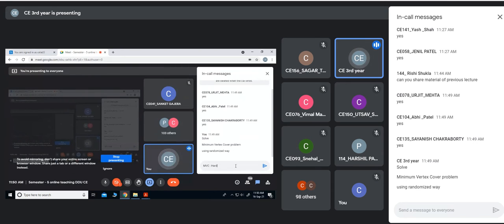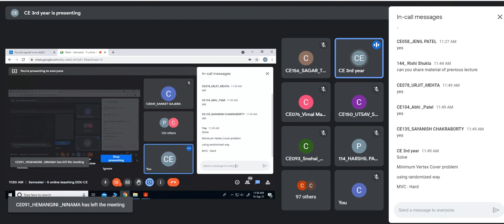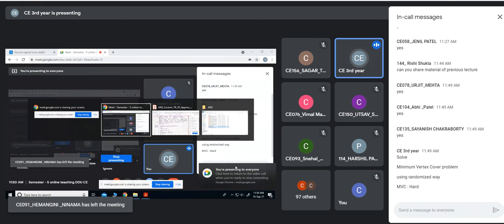It is actually a hard problem because as the input size increases, it is difficult to solve exactly, optimally, that is with the minimum number of vertices. As you define, what is a minimum vertex cover?